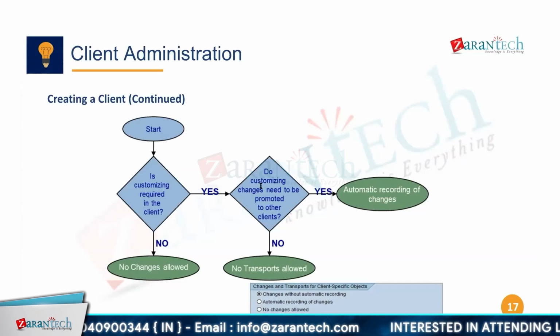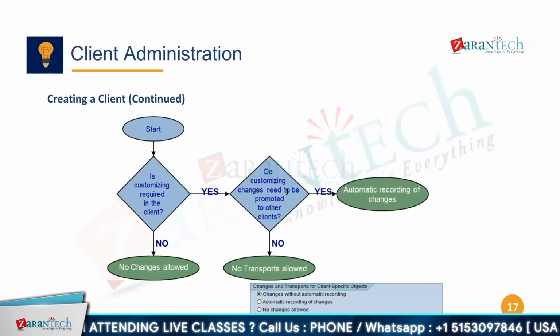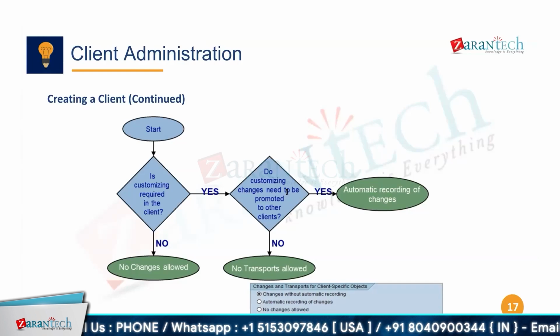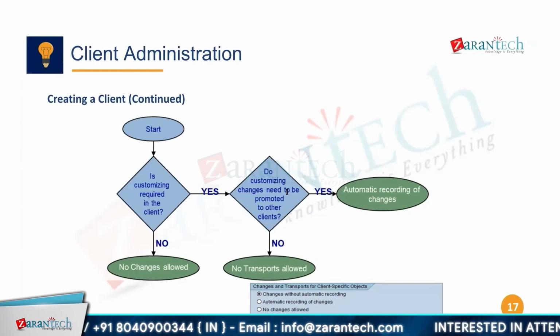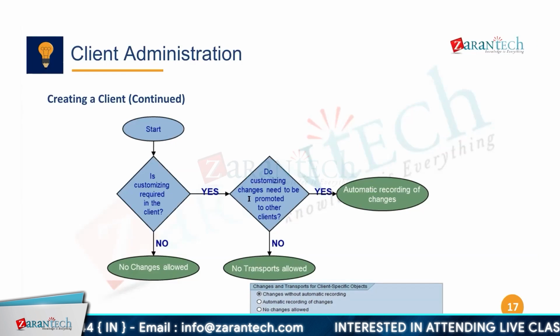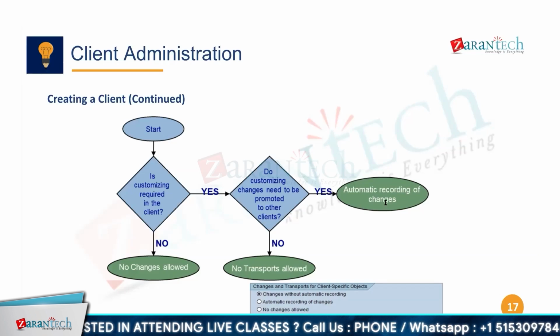Do customizing changes need to be promoted to other clients? Whatever changes you make in this client, say a development system, do you want them copied to the test system or other systems, as transport requests? Yes, then you select automatic recording of changes, which is the second option.